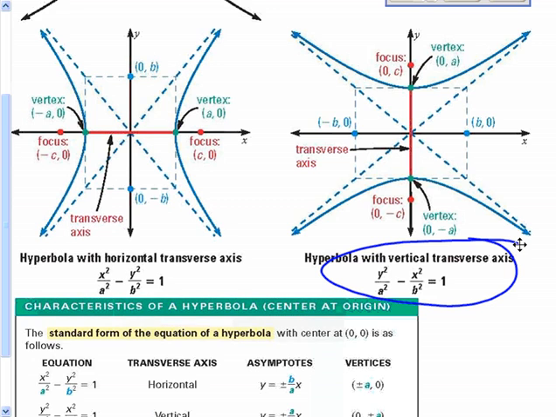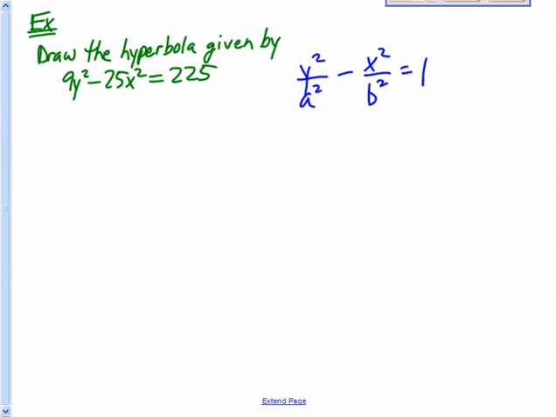Let's go back here. Let's force it to be in that form, so we've got to get it equal to 1. Let's divide each side by 225. Well, 225 goes into 9 and into 25 once, which leaves us with a 9 right here, and of course we have equal to 1.